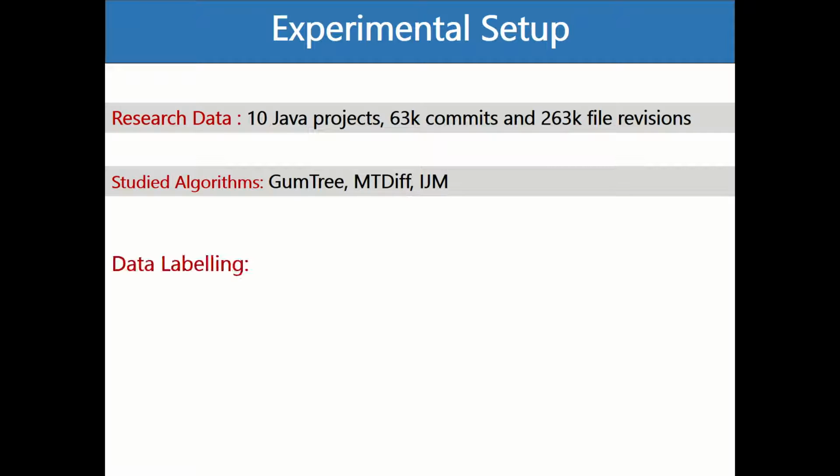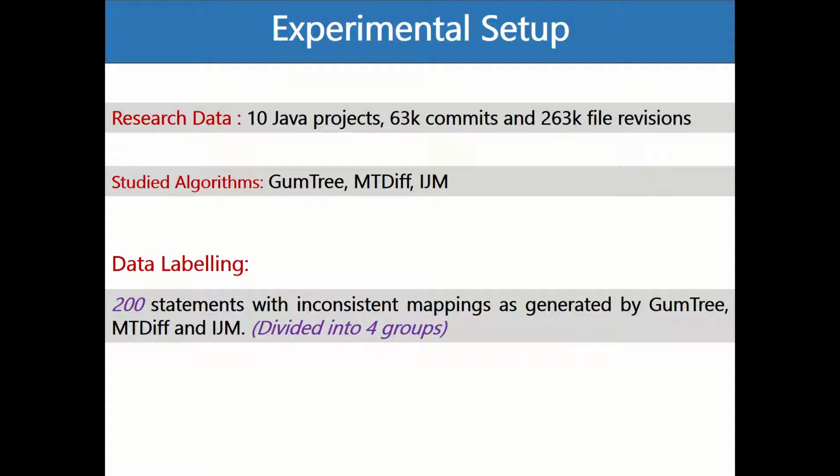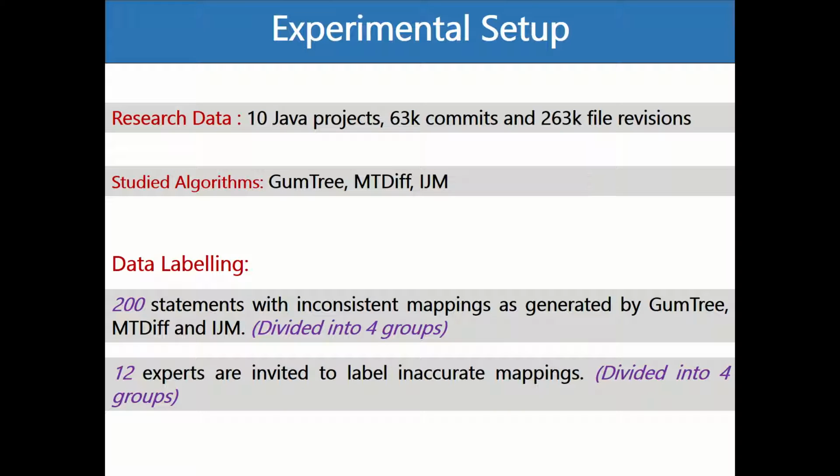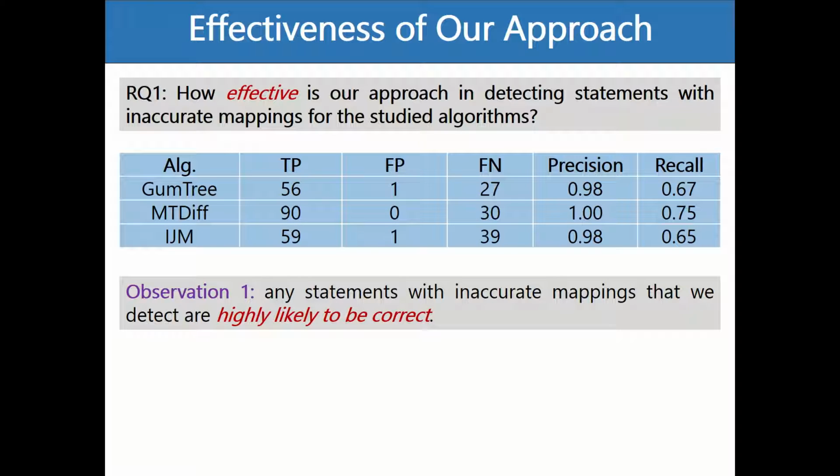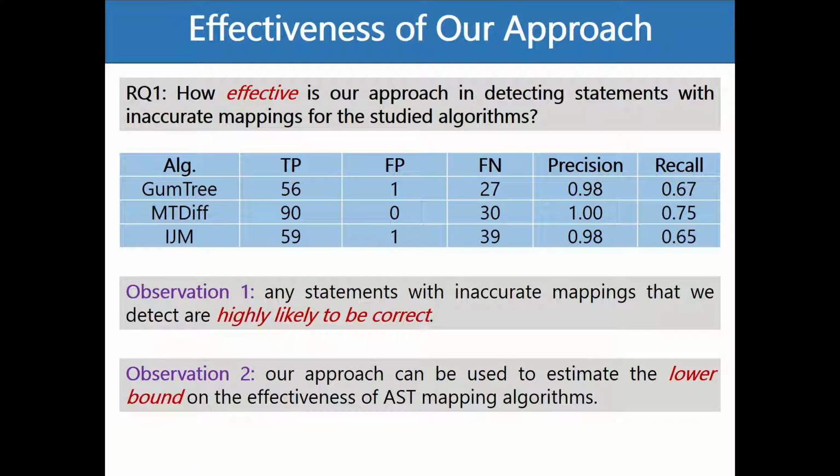We randomly sampled 200 statements with inconsistent mappings as generated by GumTree, MTDiff, and IJM, and we invited 12 experts to label inaccurate mappings. We observed that the statements with inaccurate mappings that we detect are highly likely to be correct. Thus, our approach can be used to estimate the lower bound on the inaccuracy of AST mapping algorithms.